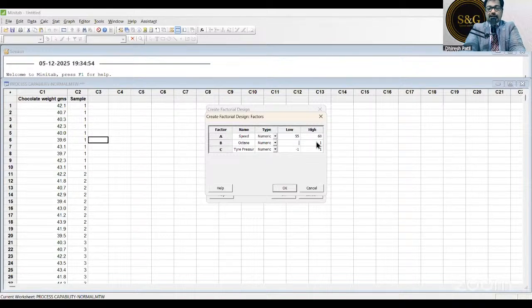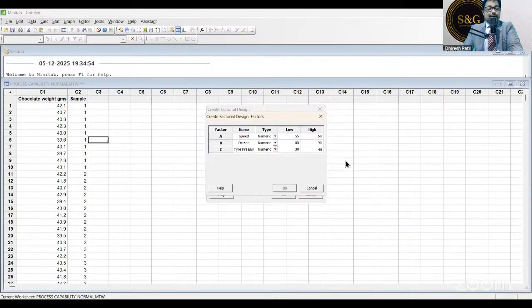For octane, the lower setting is 85 and the higher is 90. Tire pressure, let's say 30 and 40. I'm just giving random numbers, okay?